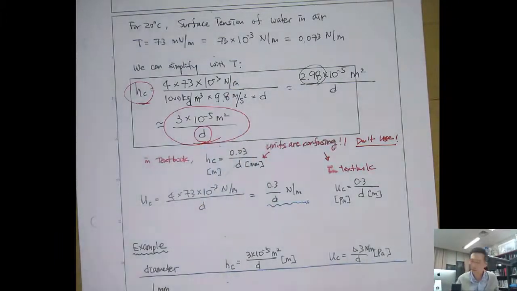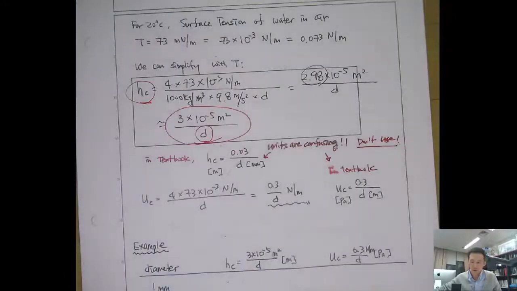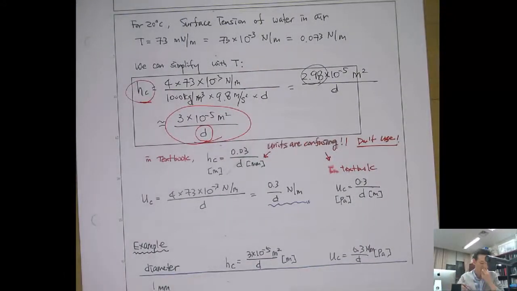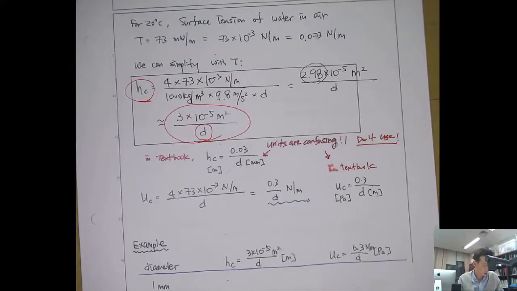I'll just use this equation, and you can assume alpha is 0, sorry, because that's more convenient and it won't be confusing.